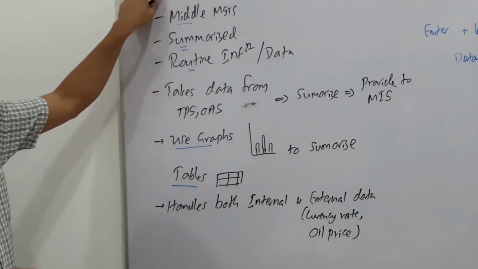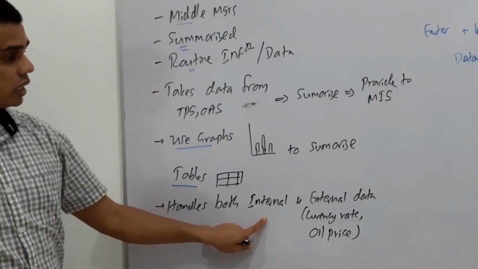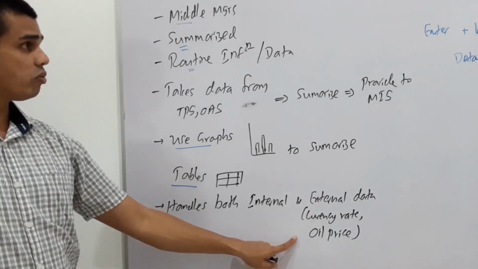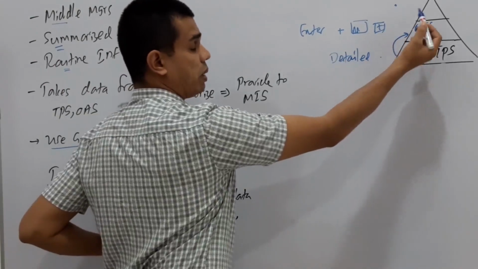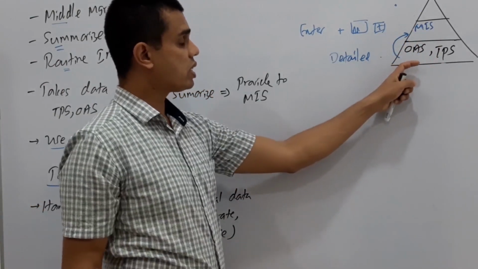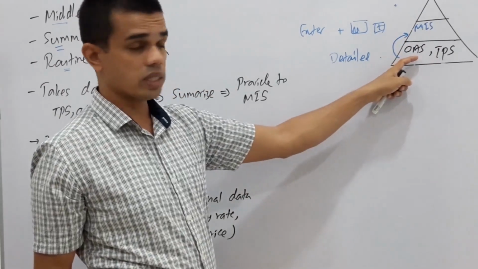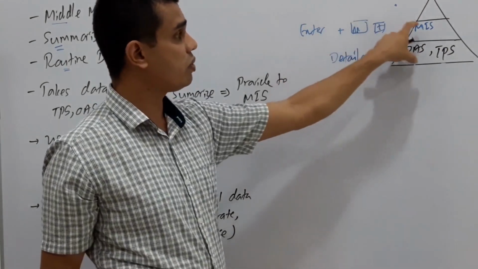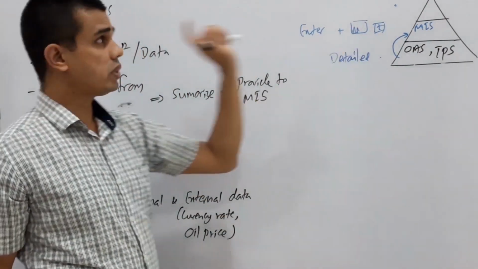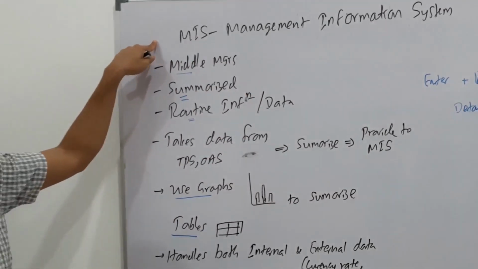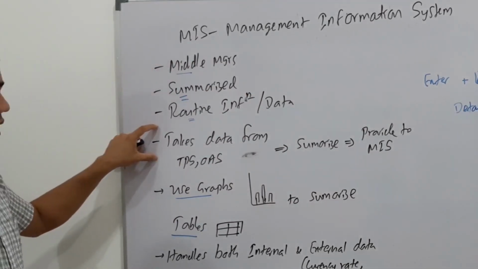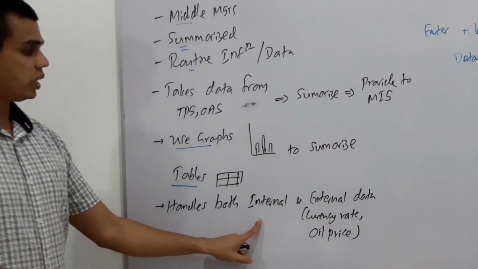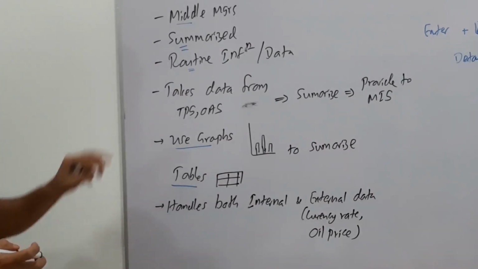So MIS are handling both internal as well as external data, such as currency rates and the oil price. They may be important for the decisions made by the middle managers. But mainly these are going for the routine data, which are summarized from the running office automation systems and transaction processing systems, and given in summary format to the middle managers. That's the job of the MIS, Management Information Systems. That's the level of MIS.